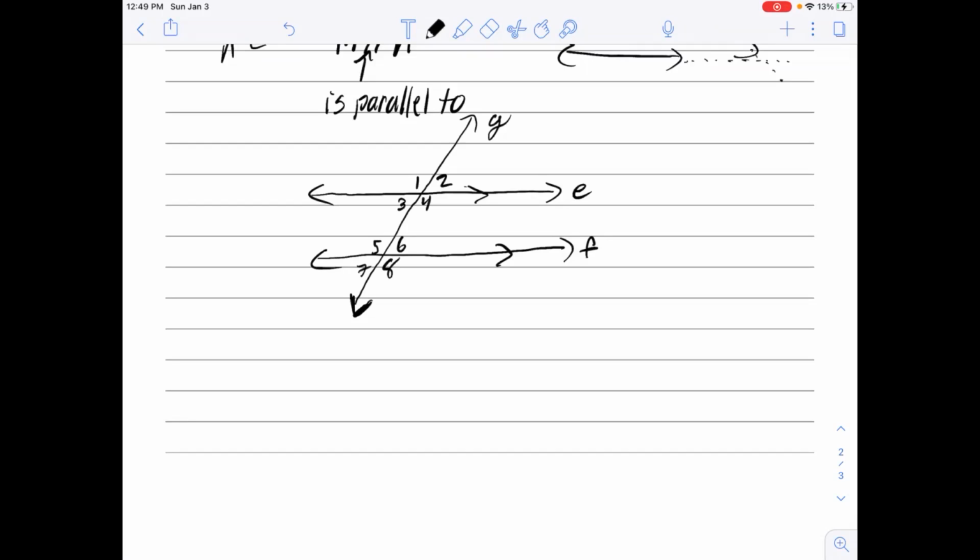For corresponding angles, what I like to do is look at each place where the lines intersect. Here I have a spot where my lines intersected and it formed 4 angles. And here is my other spot where my lines intersected and formed 4 angles. The corresponding angles are the angles in the same position in each circle. 1 is in the top left of this circle. It corresponds to number 5.